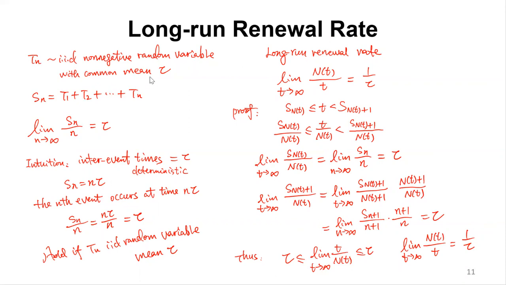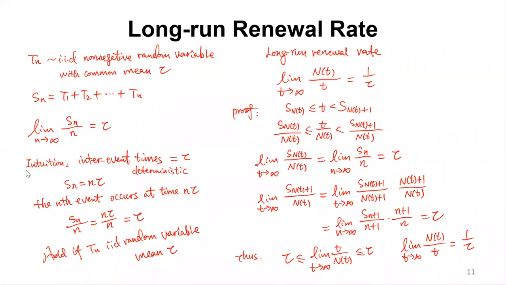Let's suppose it has a mean tau, and Sn equals T1 plus T2 and so on, because this is the nth event, so you have to add all the n inter-event times together, and you get Sn. In the long run, the limit as n goes to infinity of Sn divided by n equals tau. So this is the nth event, and you divide by how many events you have. This is the average, the mean inter-event time.